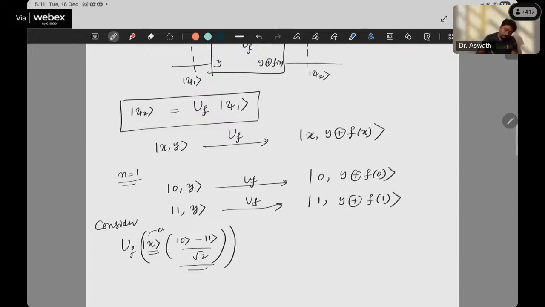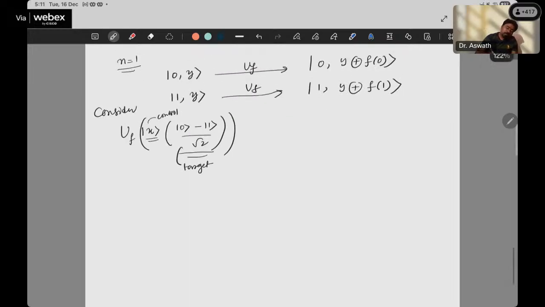The query is the control, and the ancilla is the target. Let me write it down explicitly: the unitary acting on x cat 0 cat minus x cat 1 cat divided by square root of 2. This is what I have.